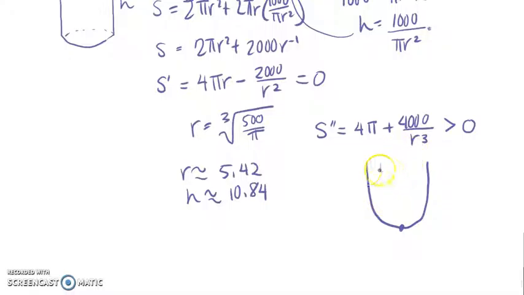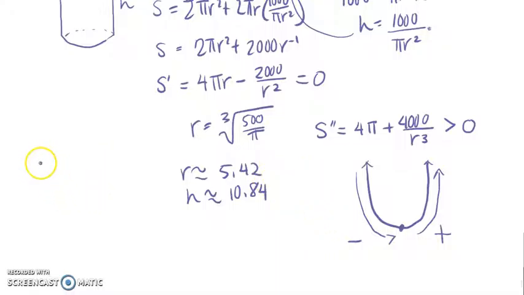Another way to test this is the single derivative test, to make sure that the graph is going down on the left and up on the right. On the left, we can pick a value of 5, and on the right, a value of 6. If we plug 5 and 6 into our first derivative, we get a negative on the left and a positive on the right. This means that our graph is going down on the left and up on the right. These two tests conclude that r is about 5.42 is our minimum.